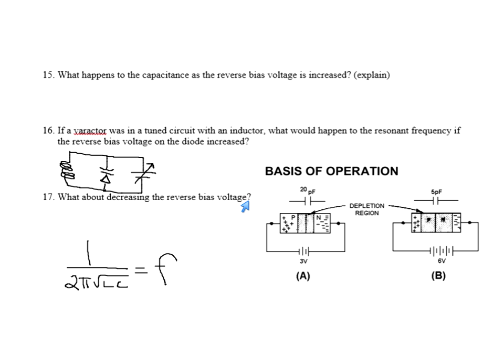What about decreasing the reverse bias voltage? Decreasing the reverse bias voltage makes the capacitance go up because the depletion region gets smaller. And if I increase the capacitance, that's going to make my frequency go down. So that's the relationship there. And that's how you put it in a tuned circuit. That's what you need to know.